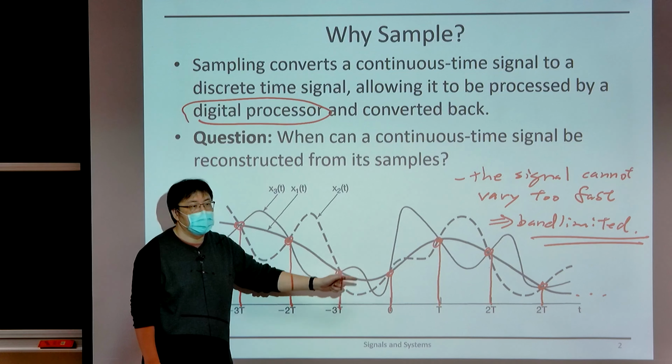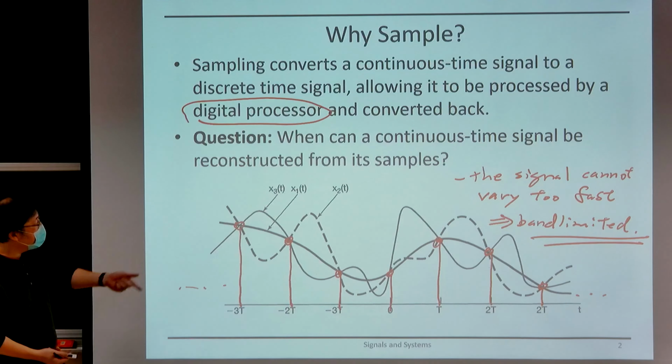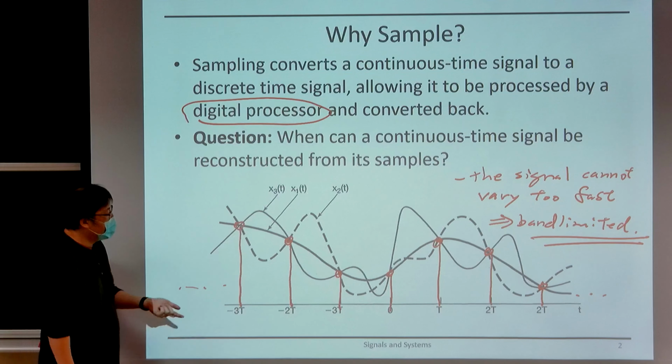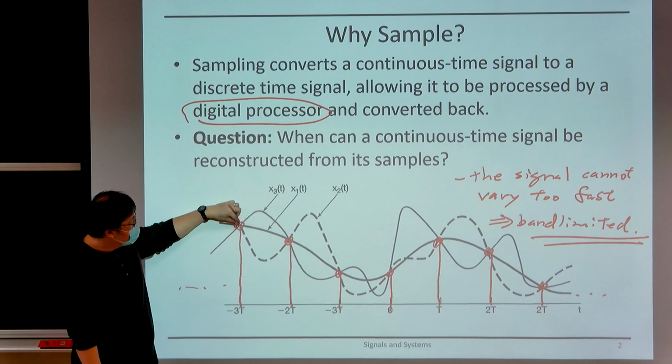Intuitively, if you compare between these curves here, in order to have these points well approximate the continuous time curve, the curve should not change rapidly relative to the sampling time that we're using.